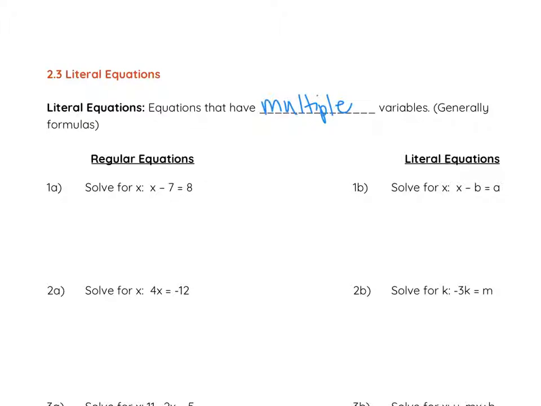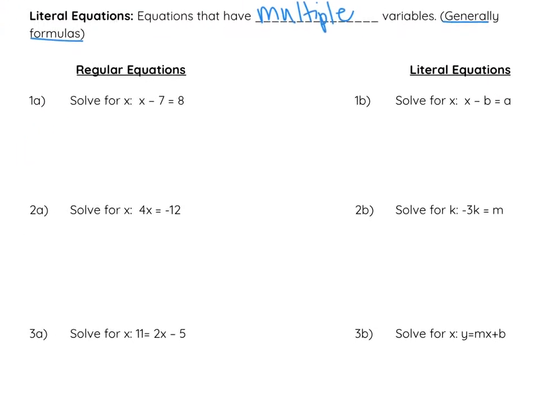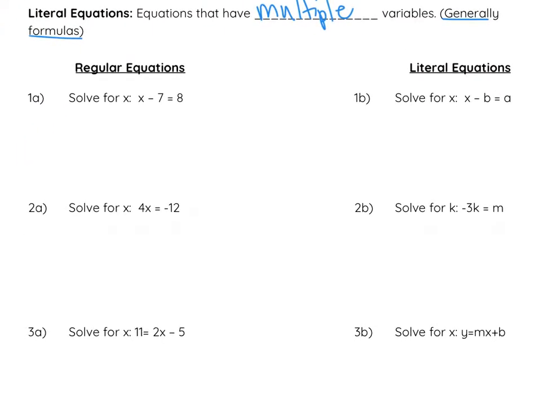Most of the time, these are going to be formulas like maybe for area or perimeter or equations of lines or something of the sort. So there is a purpose in isolating a specific variable. We solve them in the same way we solve our regular equation.